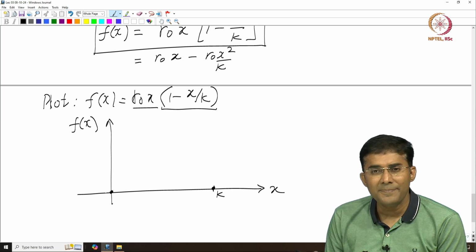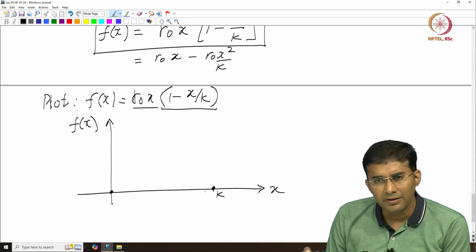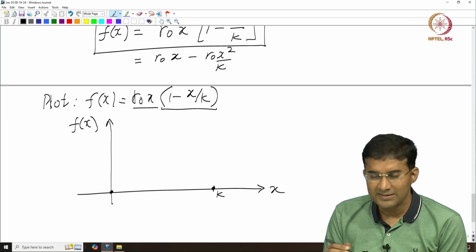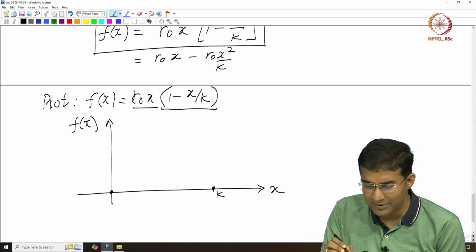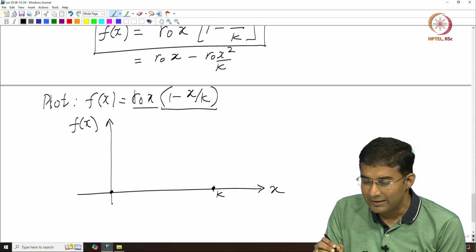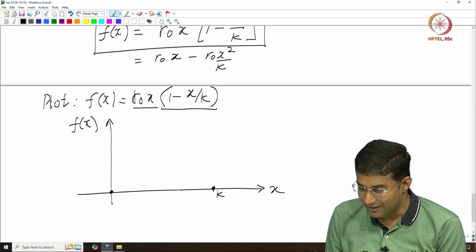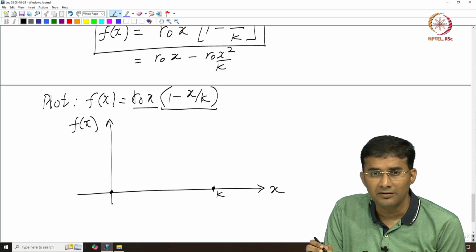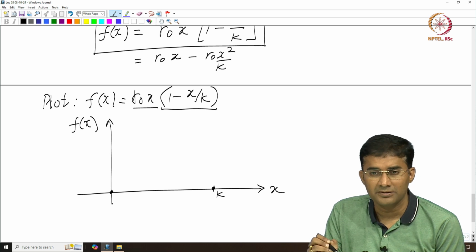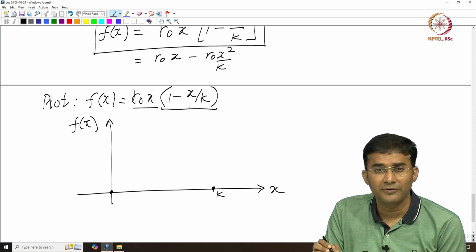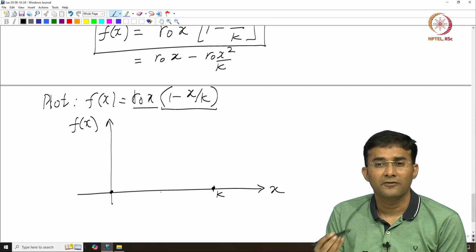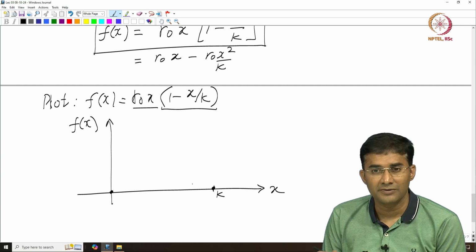Now, let us look at what happens in between. Is it a positive number? Is it a negative number? Let us look at some arbitrary value of x. When x is less than K, x by K is less than 1. Therefore, 1 minus something less than 1 is positive. Both the terms are positive in this window, and therefore the entire function is positive in between.